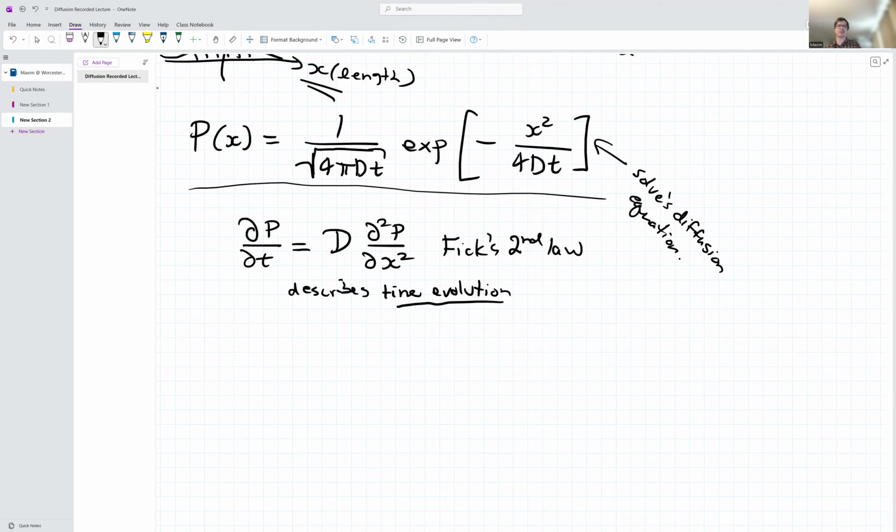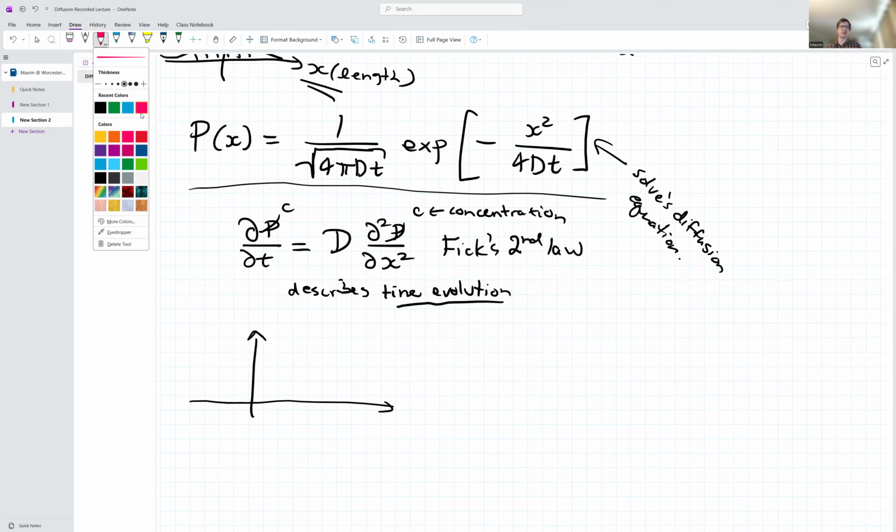So usually Fick's second law says you have some initial condition for your concentration or your probability distribution. By the way, we can replace these with just concentrations, and it would be the same equation. So usually in a material, you have some fixed concentration, maybe in one portion of the material.